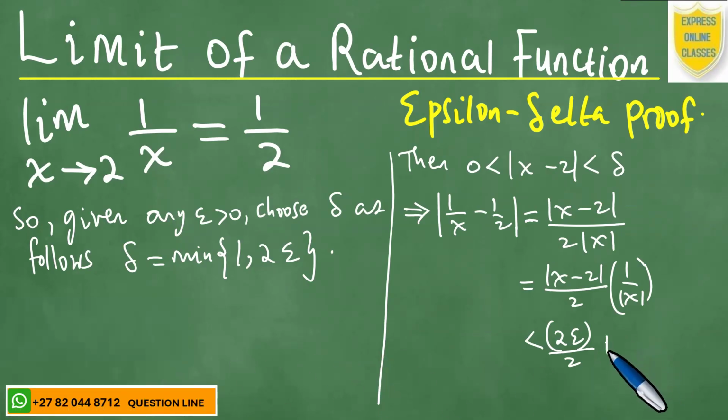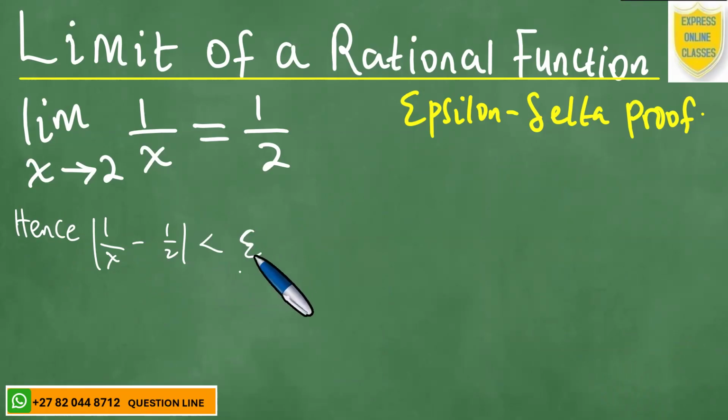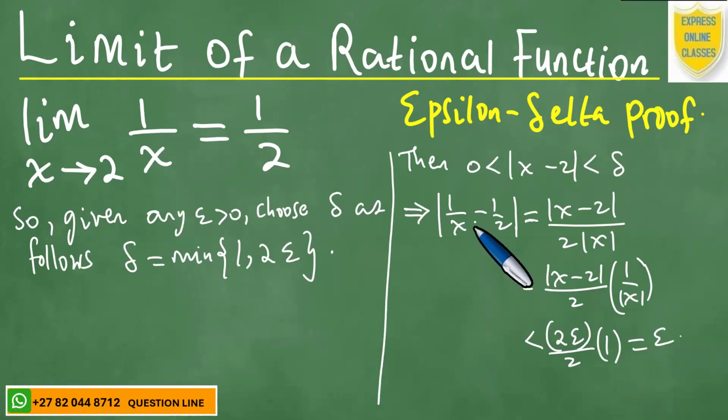The 2 cancels, giving us epsilon. At this point, it is clear that we can say, hence, the absolute value of 1 over x minus 1/2 is strictly less than epsilon.